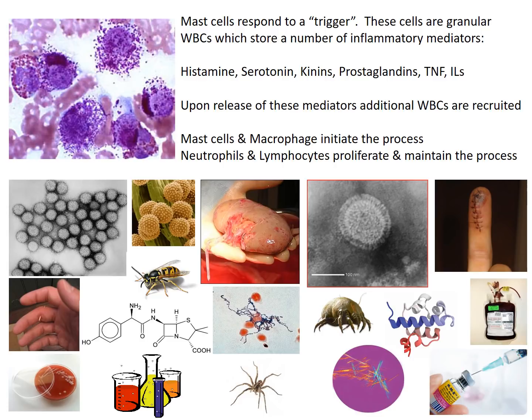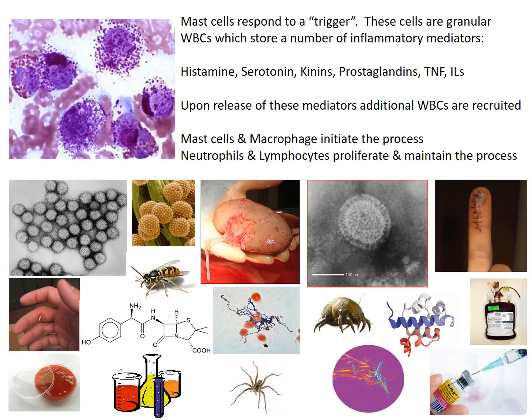There are a lot of different things that can be put into the human body through a variety of different routes. Ingest it, inhale it, inject it, whatever. They're all triggers, and it's these triggers that are going to initiate the inflammatory process.